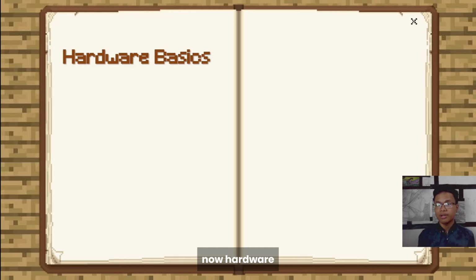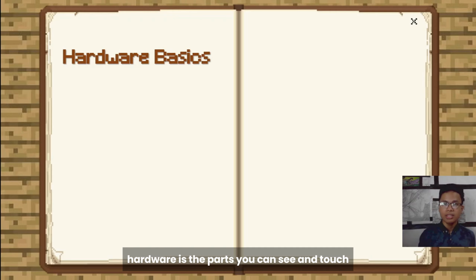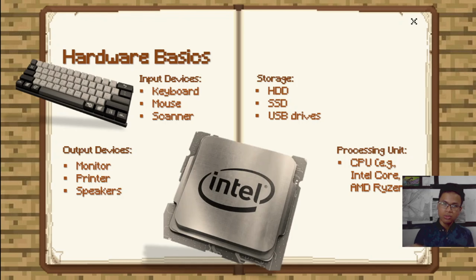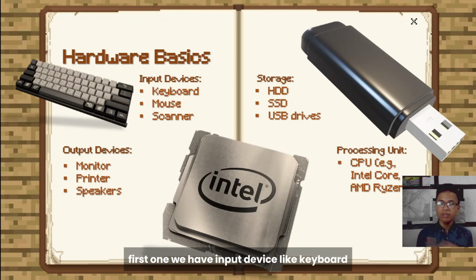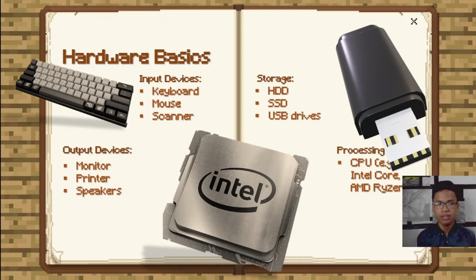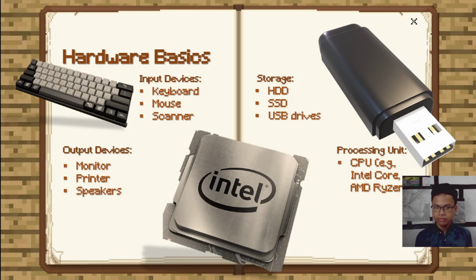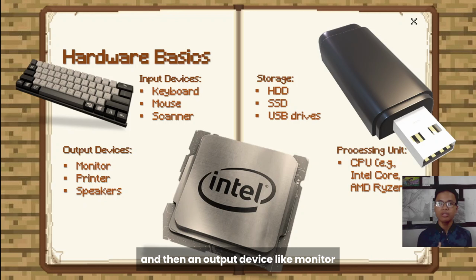Now, hardware. Hardware is the parts you can see and touch. Let's break it down. First one, we have input devices like keyboard, mouse, scanner. They send commands from you to your computer. And then output devices like monitor, printer, and speaker.